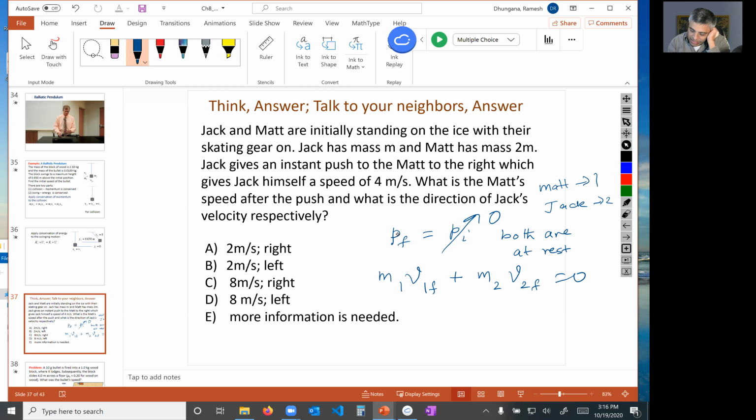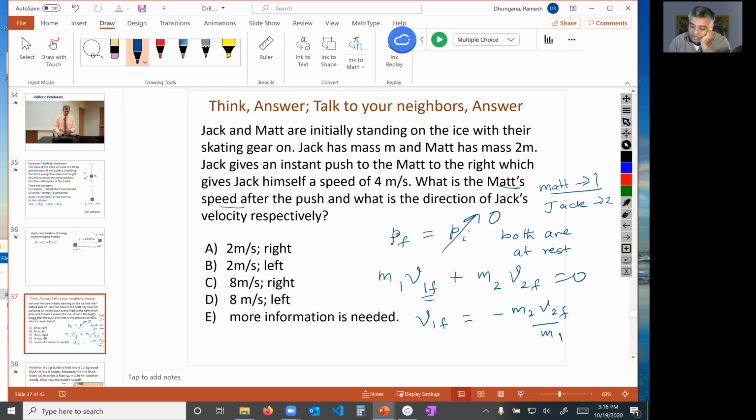And here we are looking for Matt's speed after the push. So we are looking for Matt's speed and Jack's velocity, a bit confusing. So Matt's speed means we are looking for V1F. So this is going to be V1F is negative M2 V2F over M1, right?